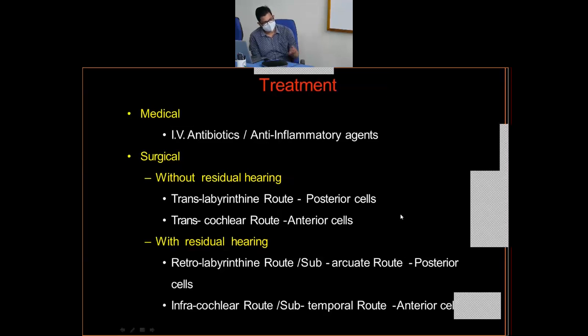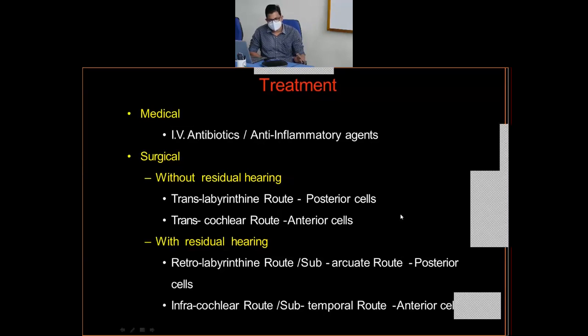So you can approach through the translabyrinthine route or transcochlear route. But if there is residual hearing, then you have to go through the retrolabyrinthine route or infracochlear route. Then you also have to preserve the hearing, and you have to go below the labyrinth and reach the petrous apex.